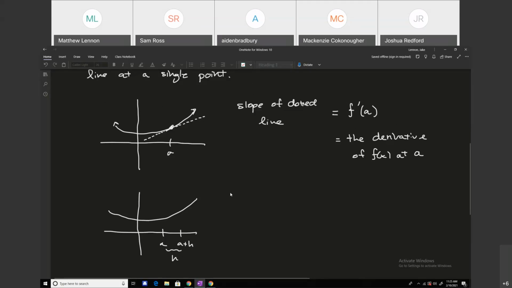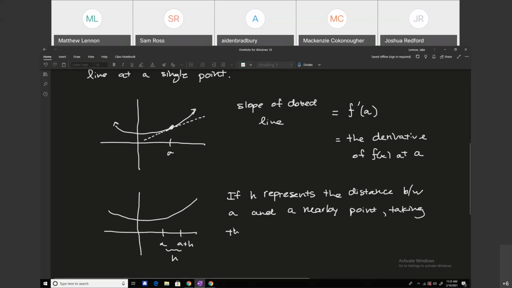So h represents the distance between A and a nearby point, and taking the limit as h goes to 0 gives the derivative. This is actually how we find the derivative function.